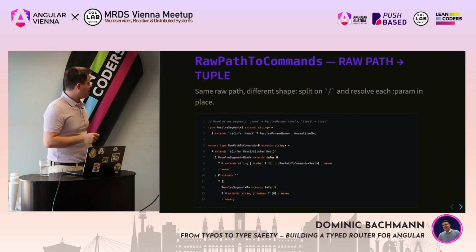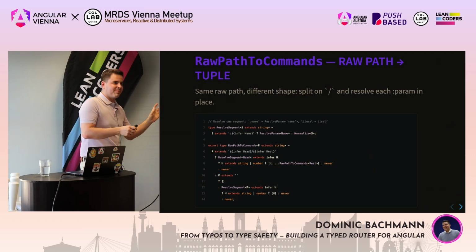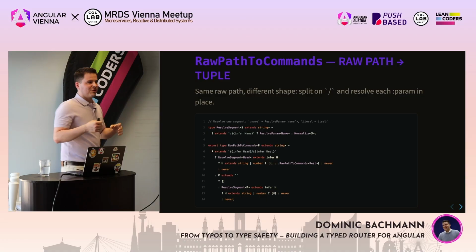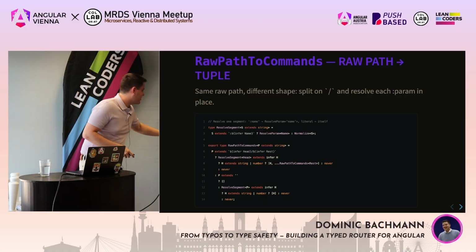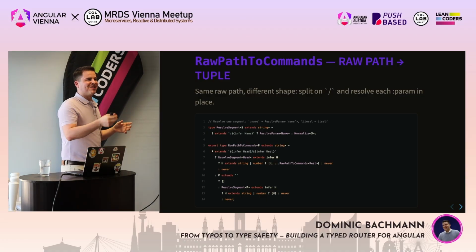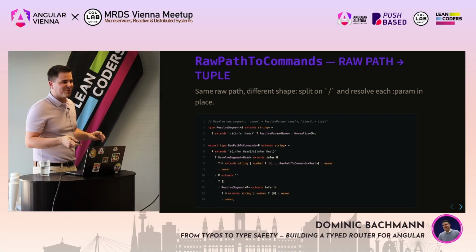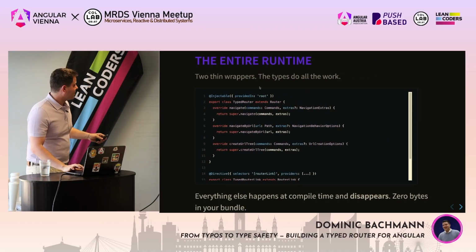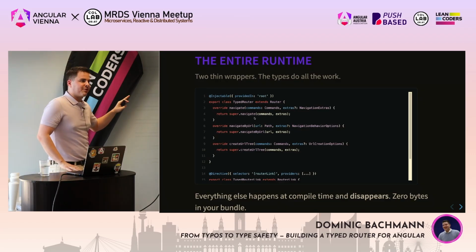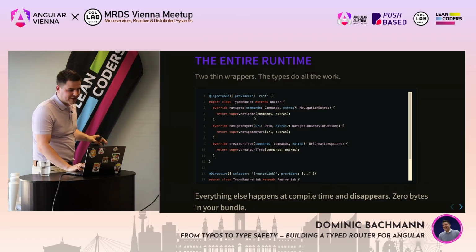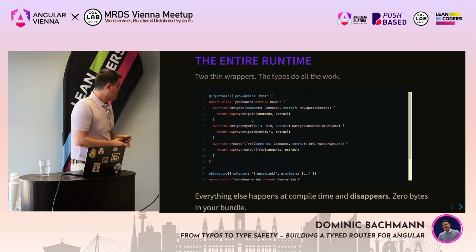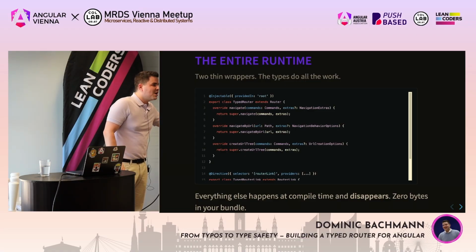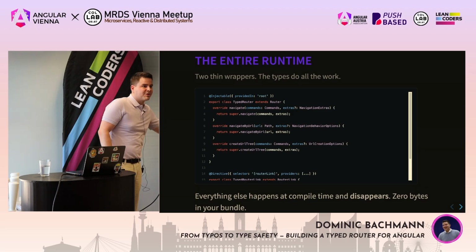Same as we did before for the actual paths, we also do for the commands. Same pattern matching, but instead of putting it into a string, we put it into an array. Now, this is the entire runtime edition of the library. We define the class typed router, which extends the Angular router.